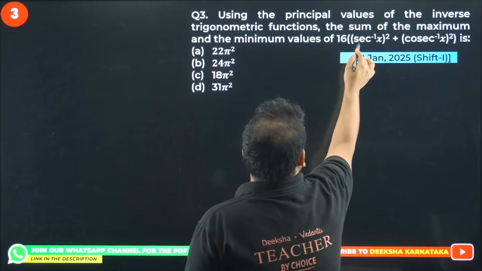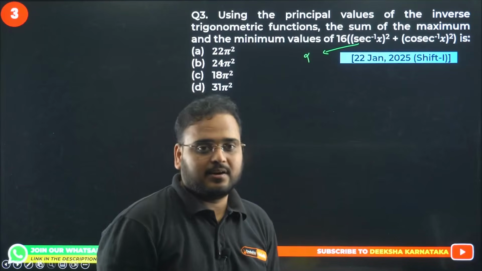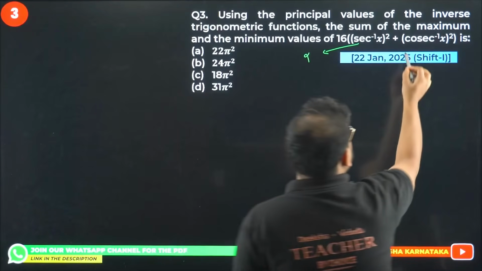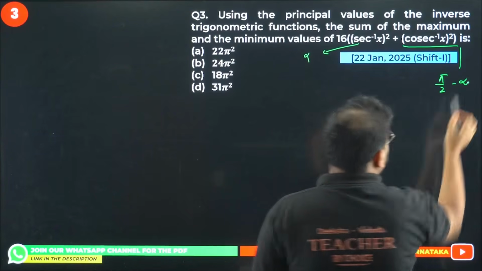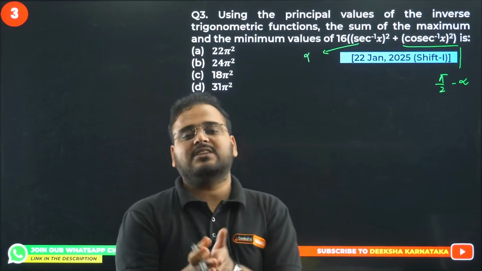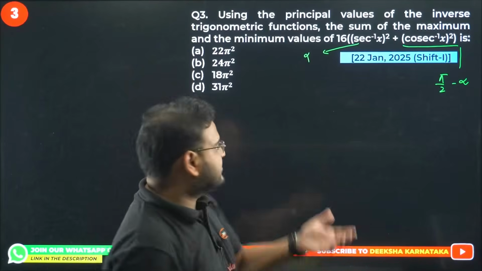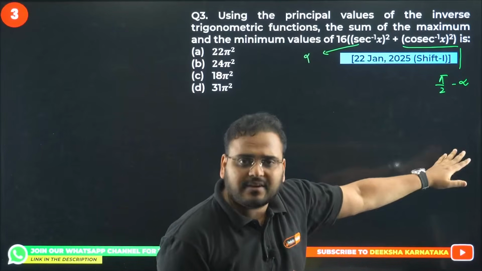So if I take this angle as, let's say, alpha, sec inverse x is alpha. What happens to cosec inverse of x? This will become pi by 2 minus alpha. How come, sir? Sec inverse x plus cosec inverse of x is pi by 2. So if sec inverse of x is an angle alpha, what happened to the other angle? Pi by 2 minus alpha.